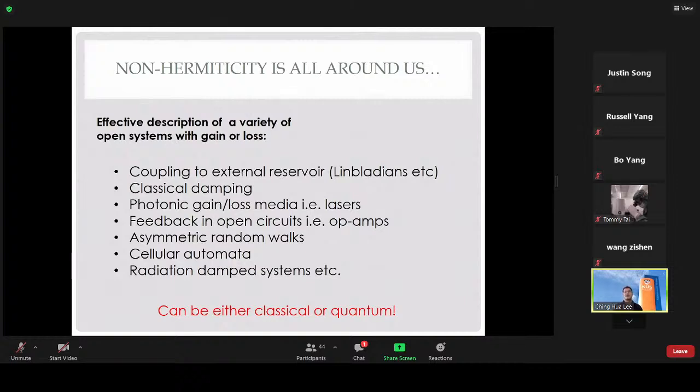Besides these technological platforms, you can also use non-Hermiticity to describe complex network phenomena, for example asymmetric random walks, or cellular automata for describing nonlinear classical interactions. And of course, there are also radiation damping systems and so on. My whole point here is that there is a huge variety of systems that could be non-Hermitian.